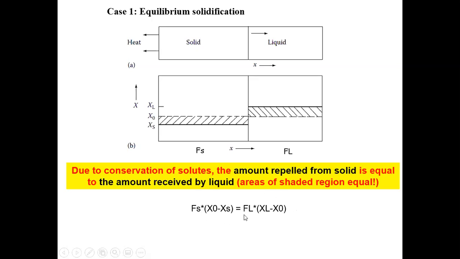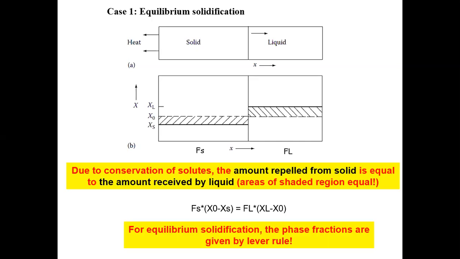But if you look at this equation, what does this remind you? Does this look familiar? Okay, this is actually the lever rule, right? If you think about it, you can easily rearrange the terms a little bit.